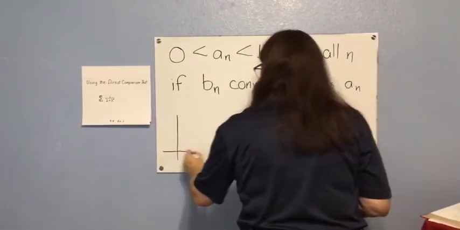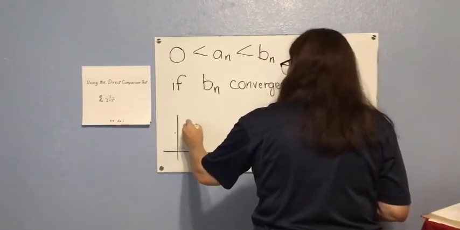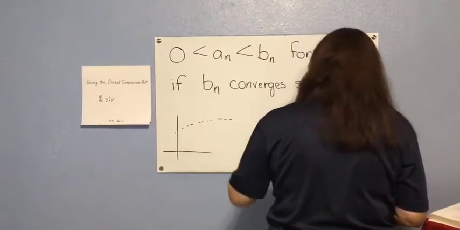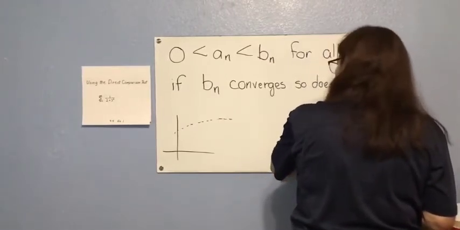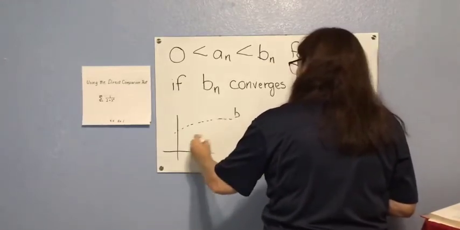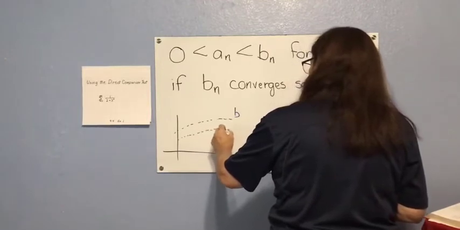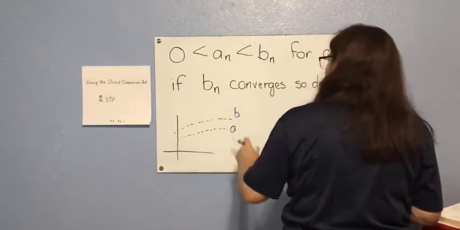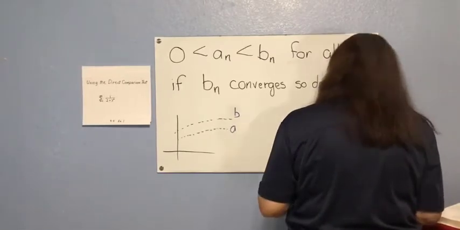And if you look at just a little sketch graph, if this is B and it converges, we'll call this one B, and this is A that is always less than B, if this is going to converge, this is going to have to converge.